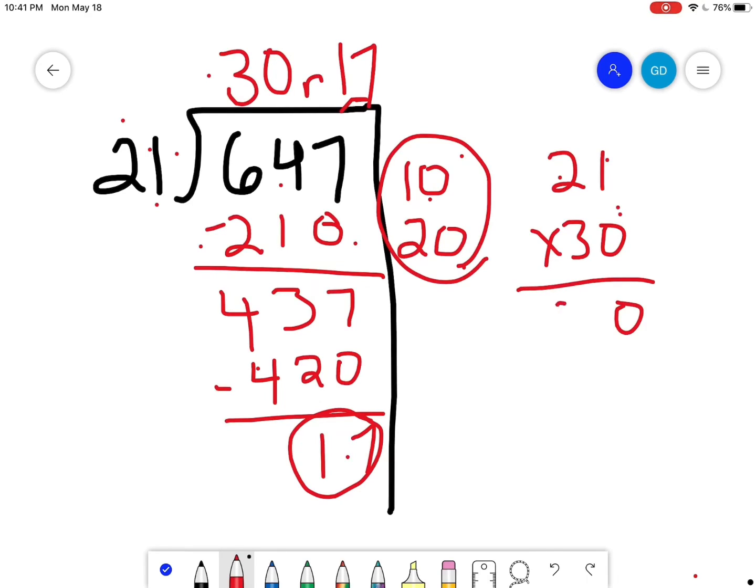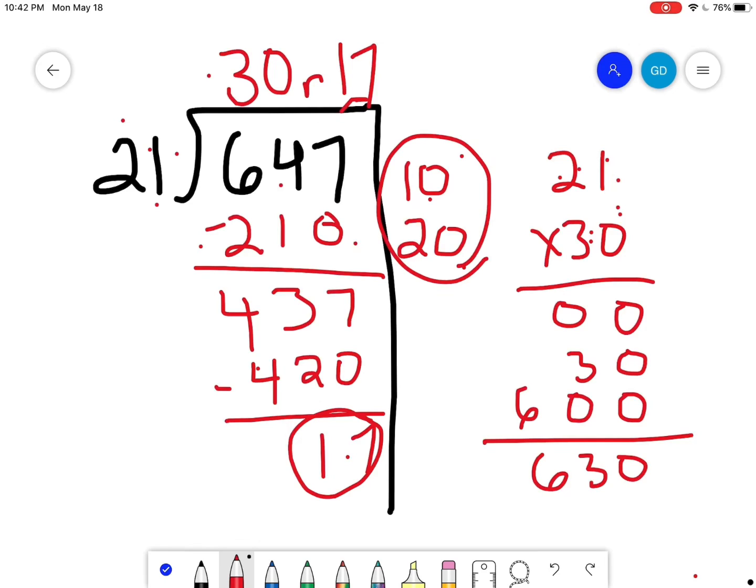You always want to line up your numbers, so 30 times 1 is 30, 30 times 20 is 2 zeros and a 6, so 600. And my answer is 630. If I add my remainder of 17, I get 647. So I know I did it right. Okay? Practice a couple of those today.